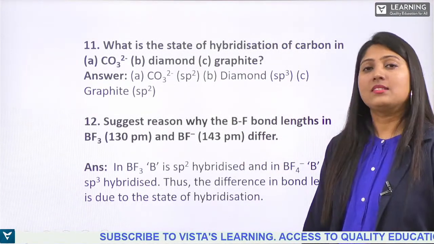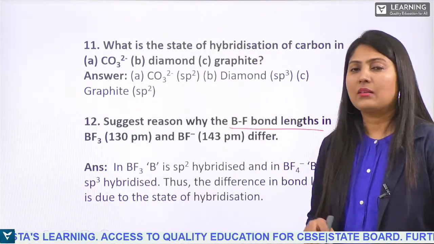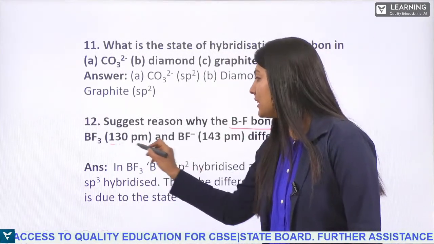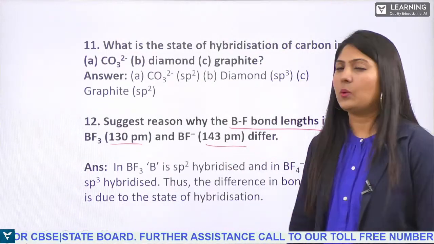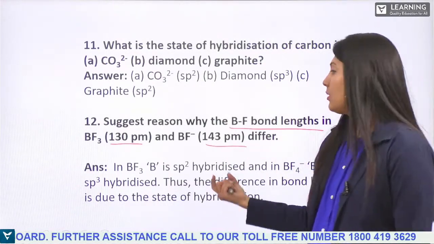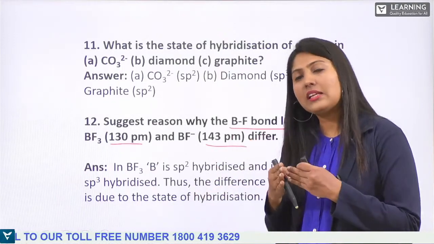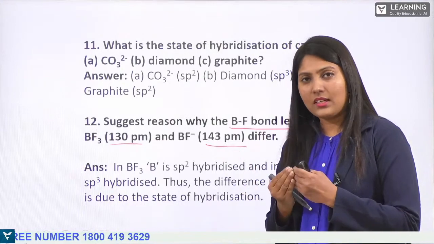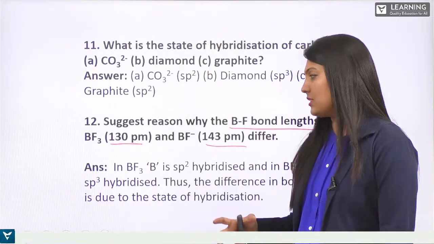Next question. Suggest a reason why the B-F bond length in BF3 is 130 picometer and in BF4 minus is 143 picometer. So here we are speaking of bond length. The shorter the length, the more the attraction. The longer the length, the less the attraction.